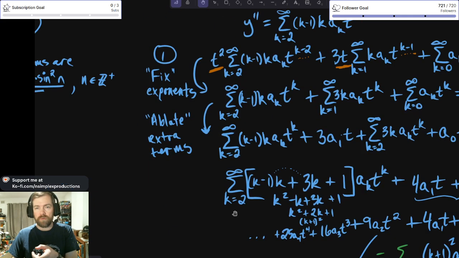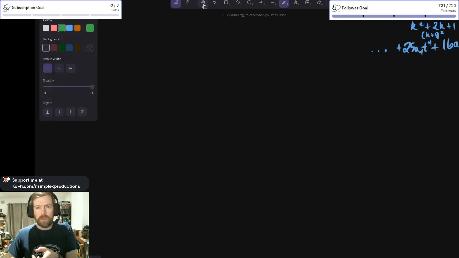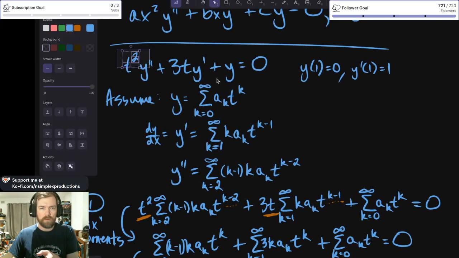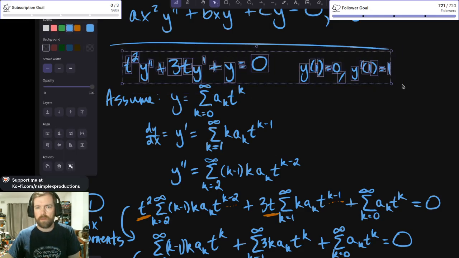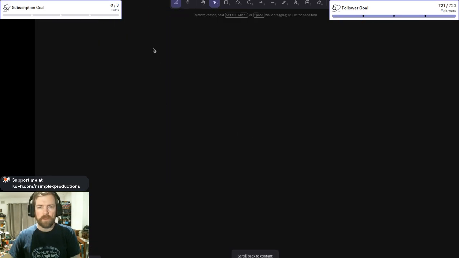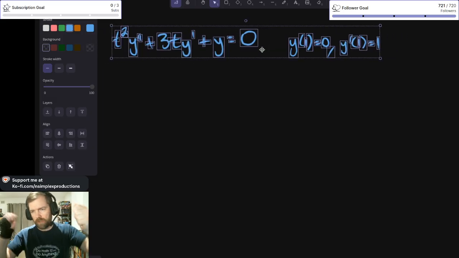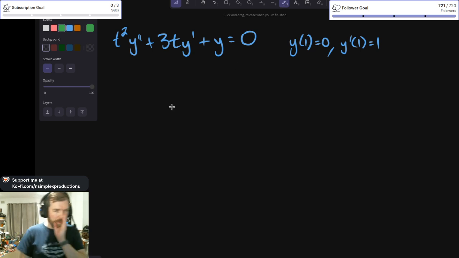So if we want to do, oh, no, let's just take the whole thing, right? If we want to do Laplace transform, this is, again, another one that I'm just going to stare at for a little bit. So, you just shake it a little bit and it should clear up. Yep.